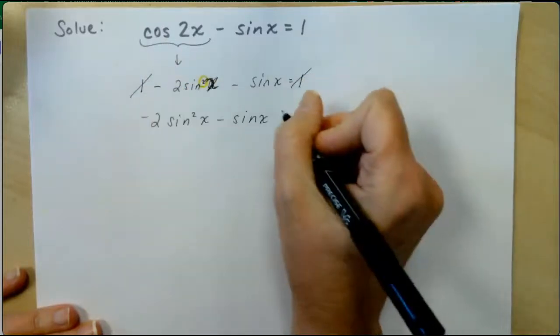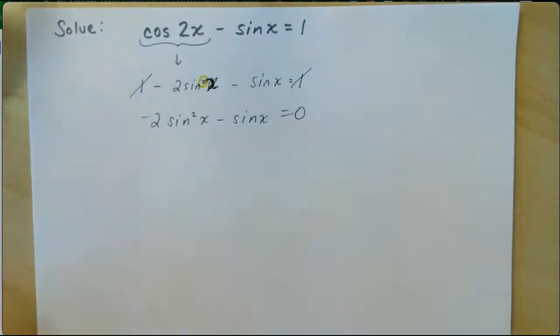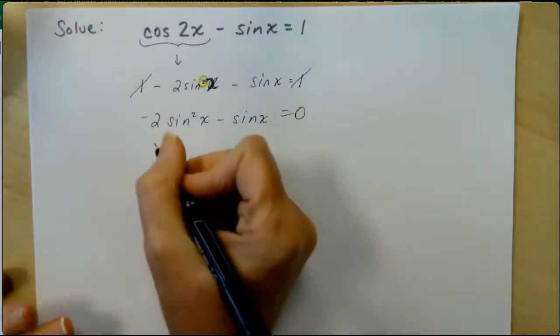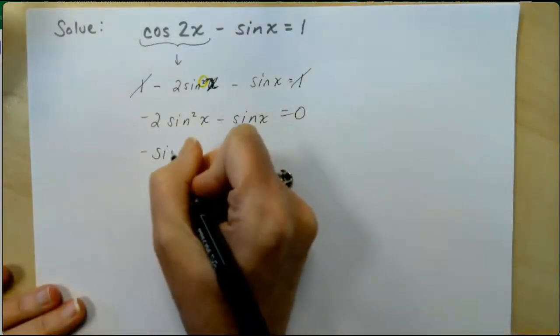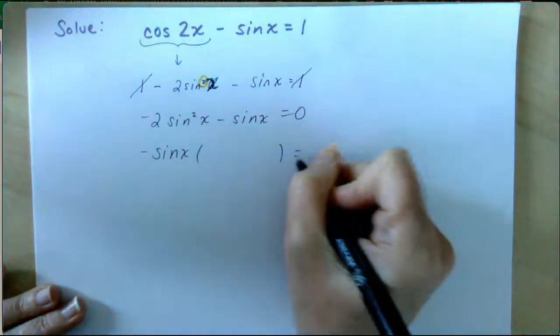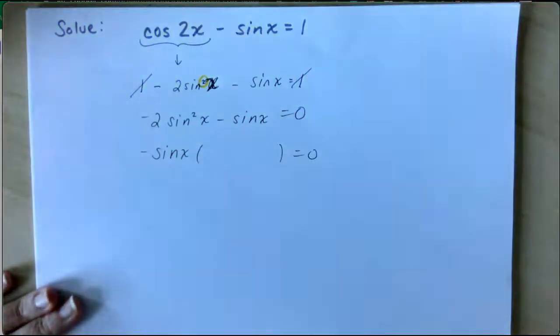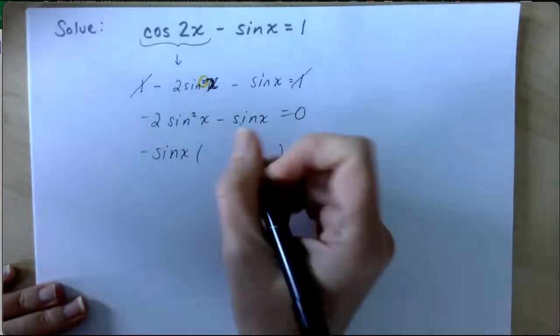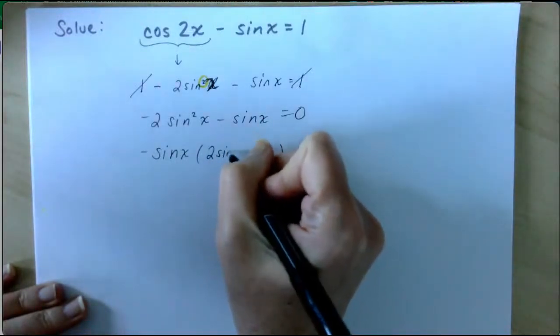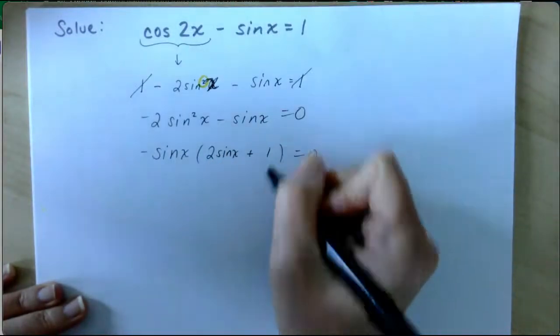Those just cancel. So there we are. We have set it equal to 0, combine like terms, and it's in descending order. From here, let's factor. The greatest common factor is negative sine x that we're taking out. When we take out negative sine x, we are going to be left with 2 sine x plus 1.